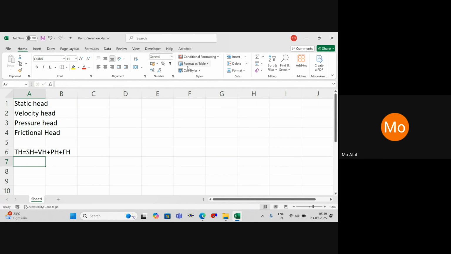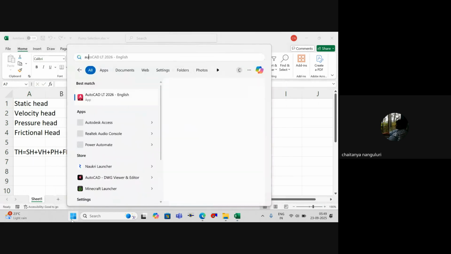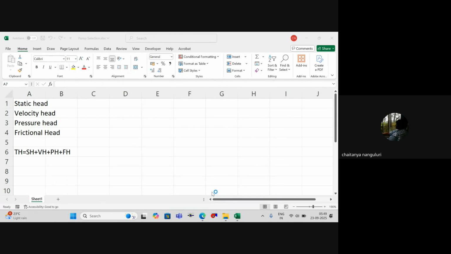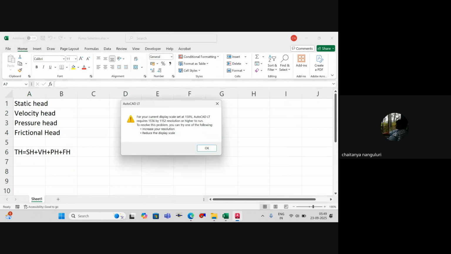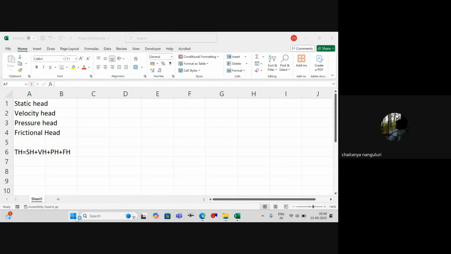Static head is nothing but the head required to work against gravity. If the pump has to work against gravity, that particular effort taken by the pump we can call static head. Let me give an example.